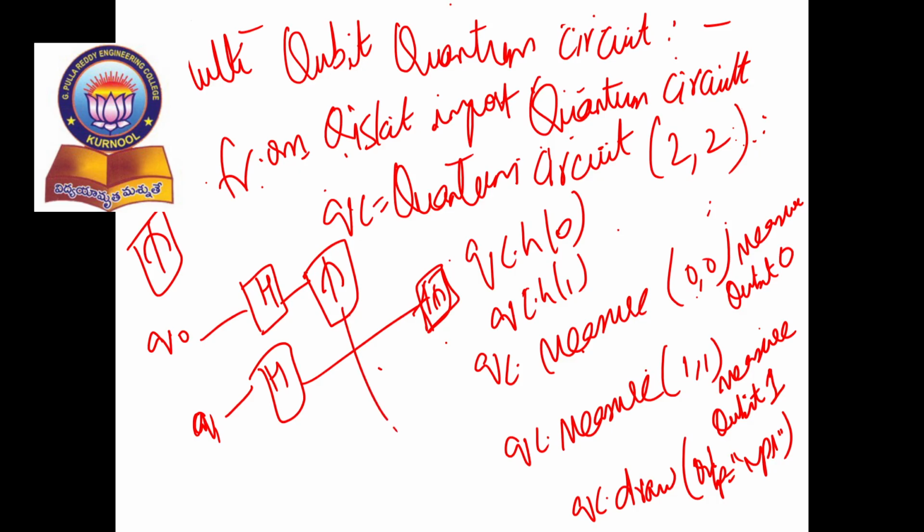So this represents 0 and this represents 1, and both of them are connected to the classical bits. The measure function is written twice, so the measuring is done 2 times, and we are using the Hadamard gate twice, on qubit 0 and also on qubit 1. So the output is represented in this way.